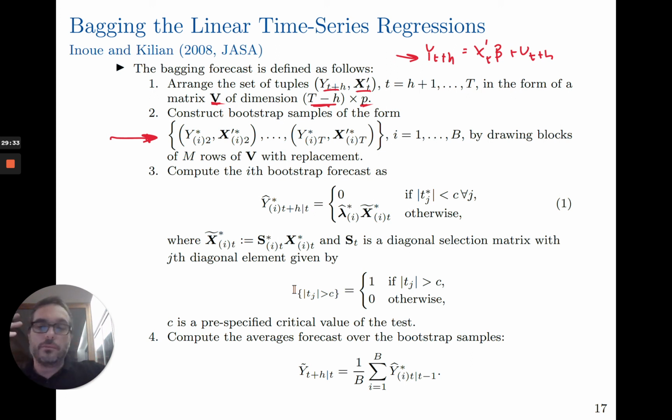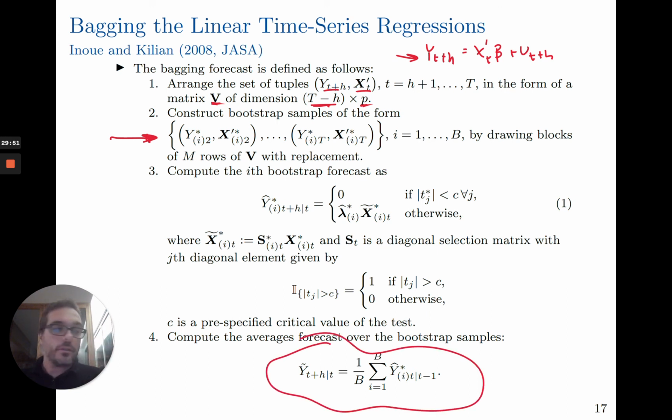So we are going to do it for each bootstrap sample, okay? In the end, we are going to have forecasts computed based on the estimates of each bootstrap sample. So what we do in the end, we average them, okay? And this can be shown to have massive variance reductions. Okay.